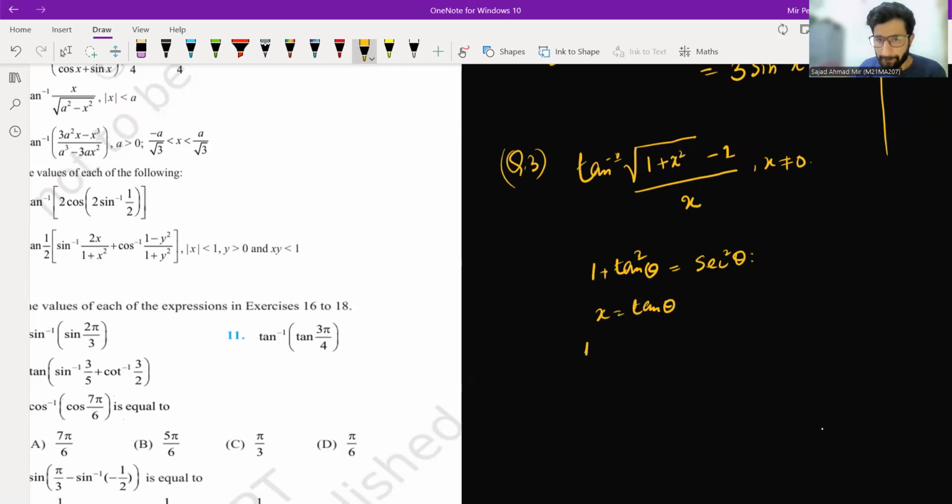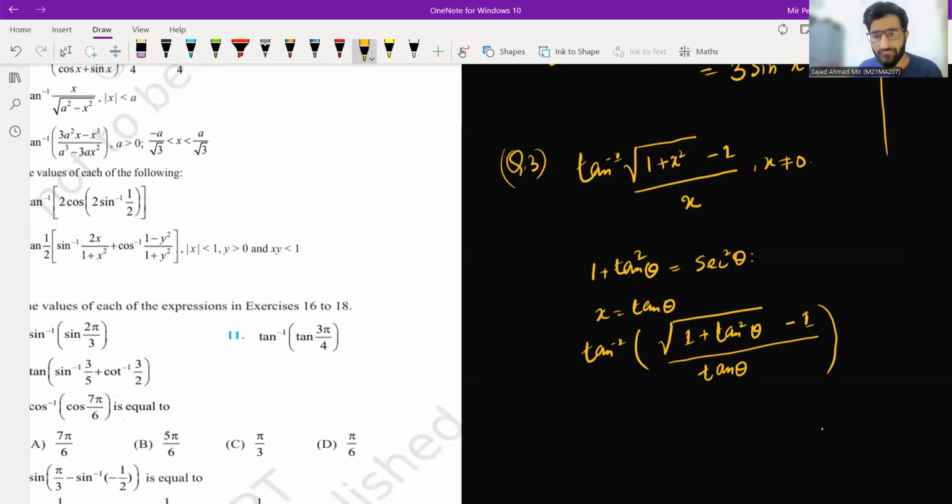We get tan inverse of square root of 1 plus tan square of theta minus 1 divided by tan of theta, right? Let's go further.